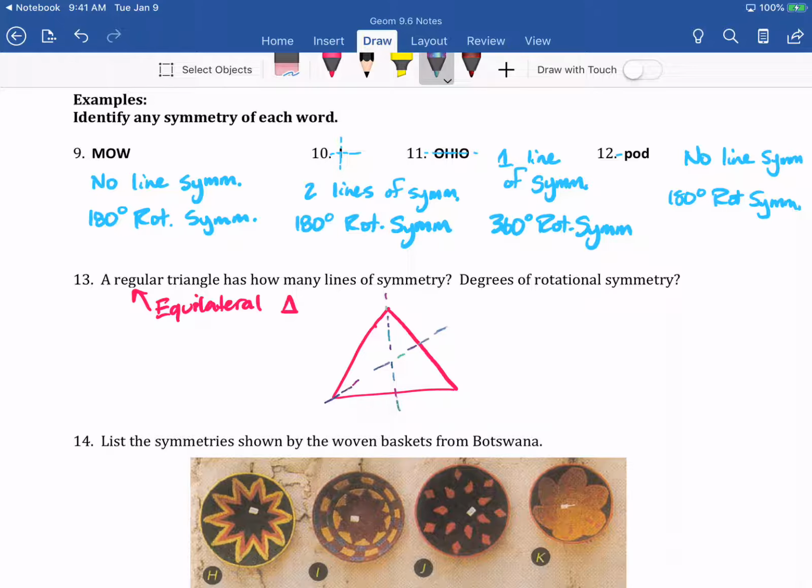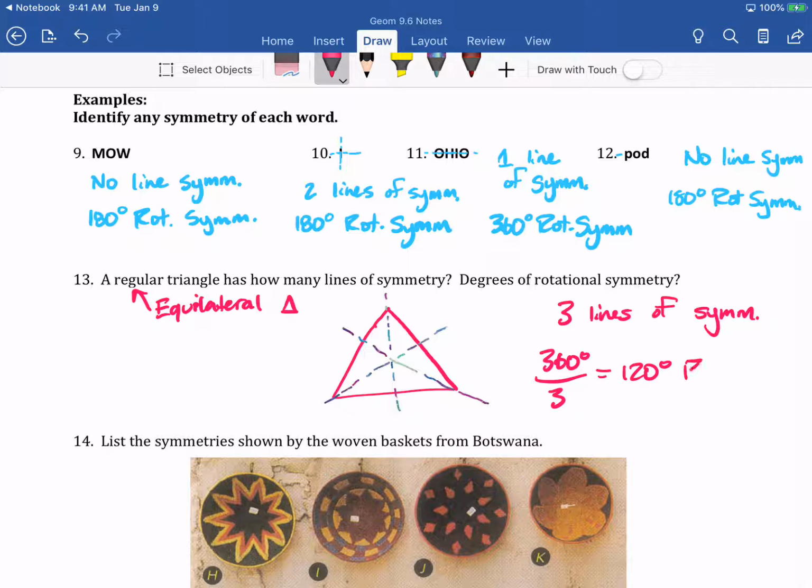This line here would be 2. And lastly, this line here would be my third line of symmetry. So it does have 3 lines of symmetry. So if we take 360 degrees and divide it by 3, that means it has 120 degrees rotational symmetry.